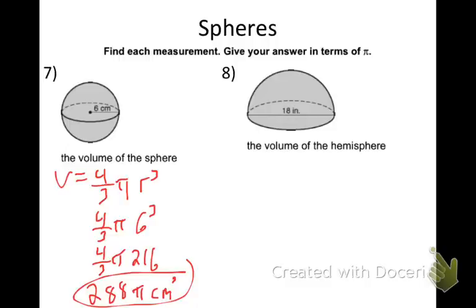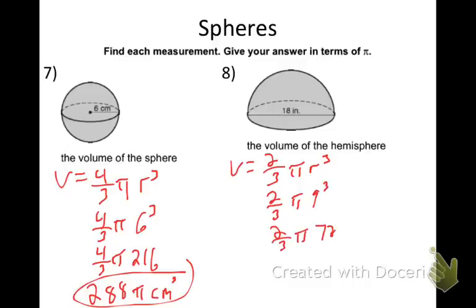Now number 8 is a hemisphere. So instead of 4/3, what do we want to use, Troy? So we say 2/3 pi r cubed. Now what's the radius here? So 2/3 9 cubed. What's 9 cubed? Isn't it like 729? So 729 times 2/3. What's my volume come out to be?